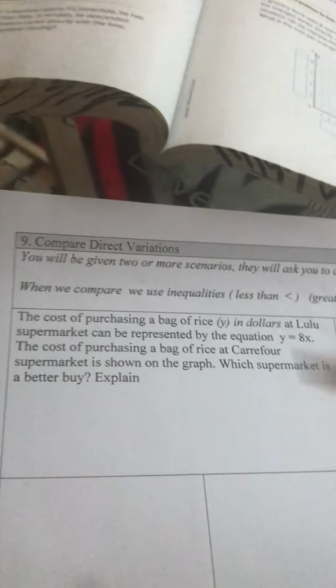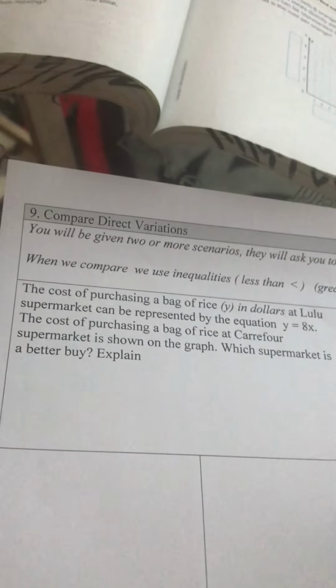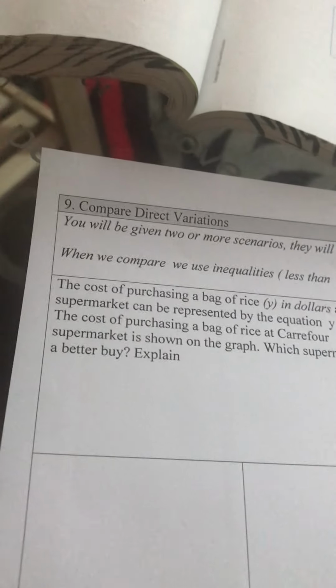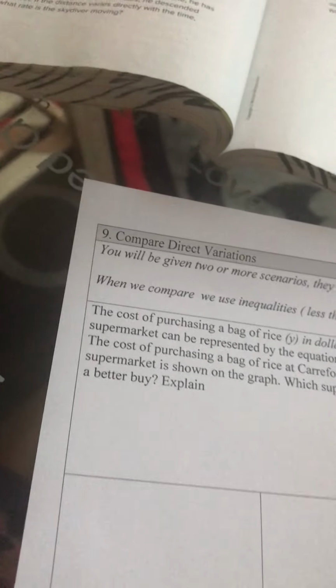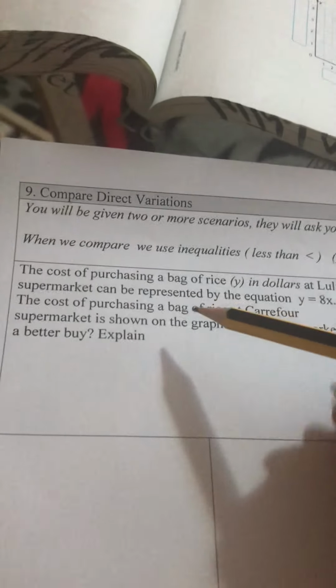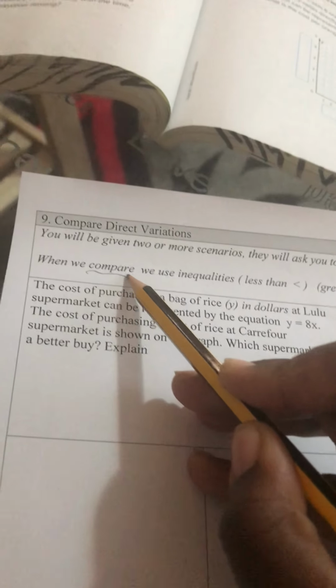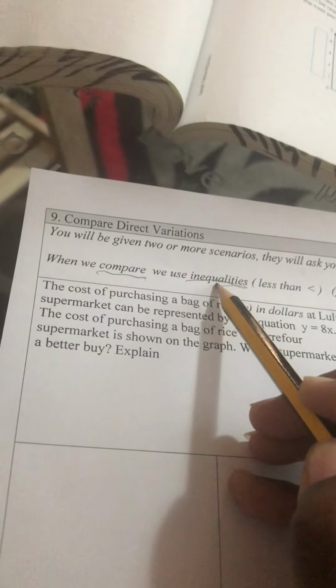The scenarios can both be graphs, 1 table, 1 graph, 2 stories, a story and a graph, like that, okay? Then they're asking you to compare their slopes. What are they asking you? To use inequalities like less than, or greater than, or equal to. That's what compare means. Compare means we use inequalities.